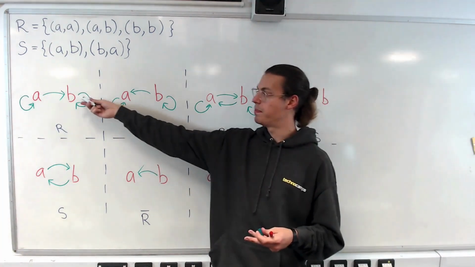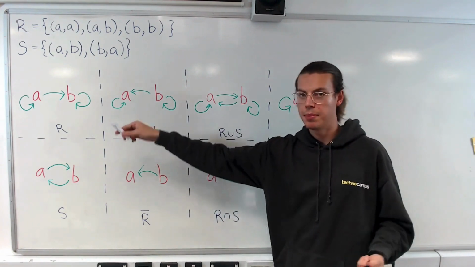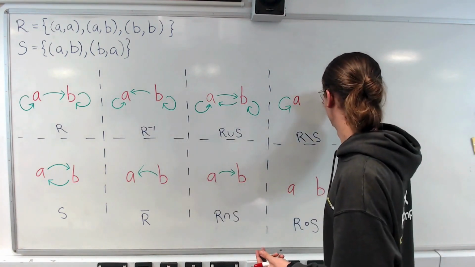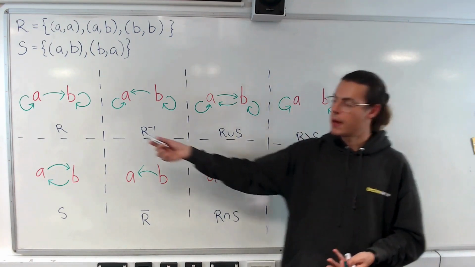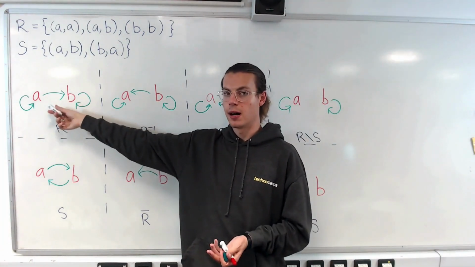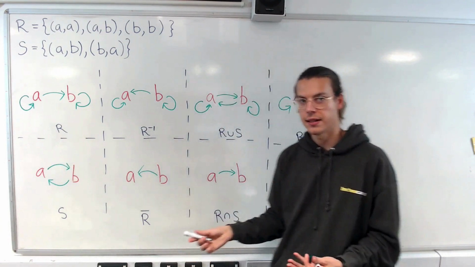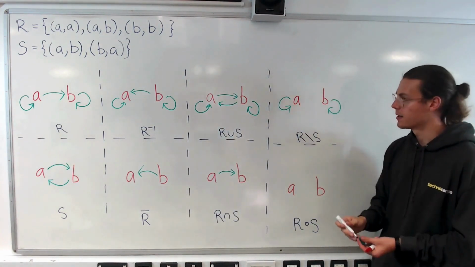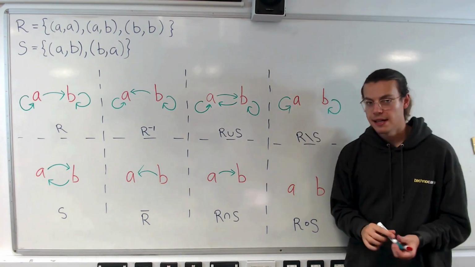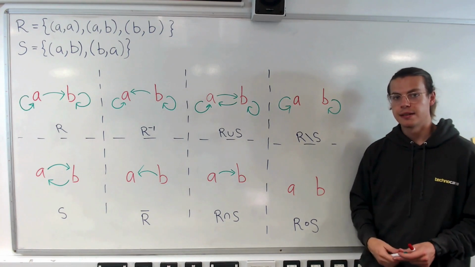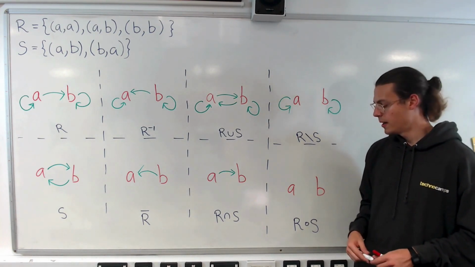And the same goes for B. B is related to itself by R but not S. A is related to B by R, but it's also related by S. So that is not in the difference. The difference is finished.